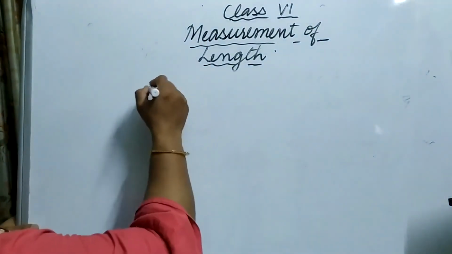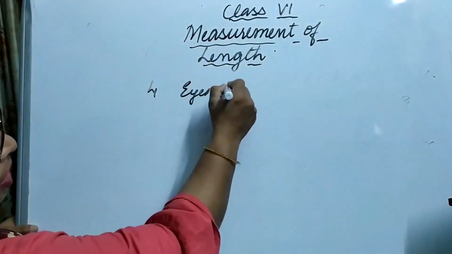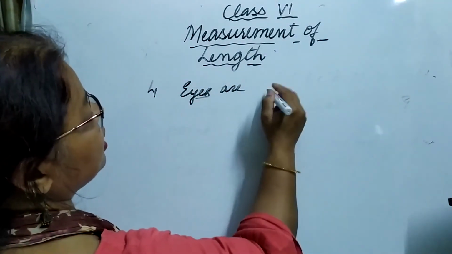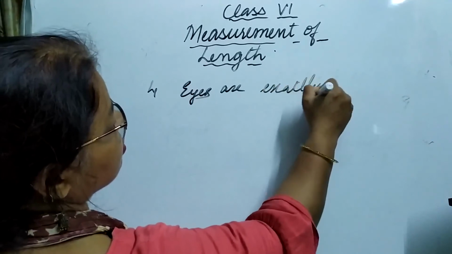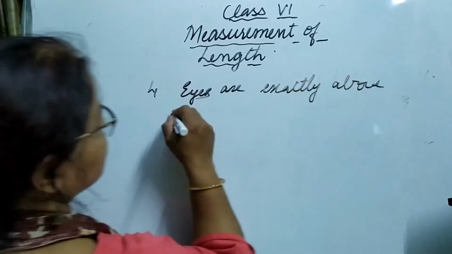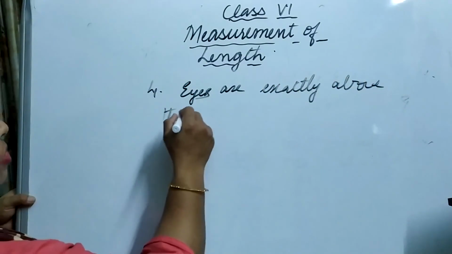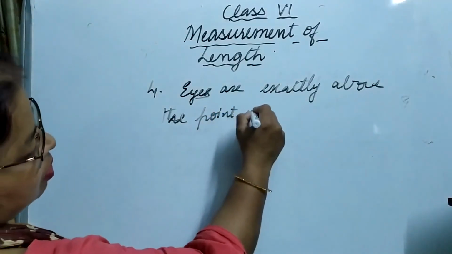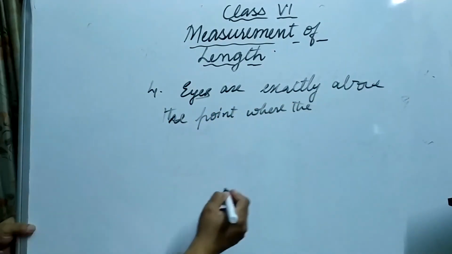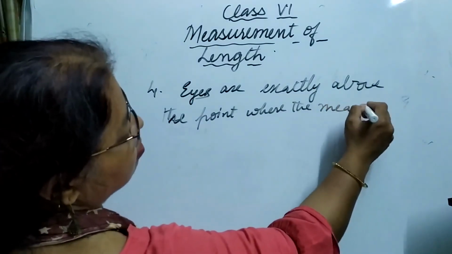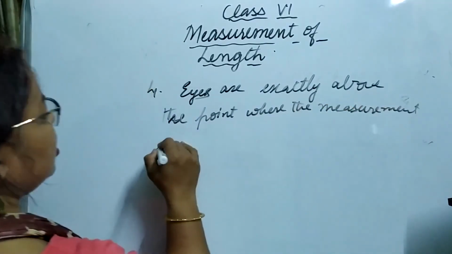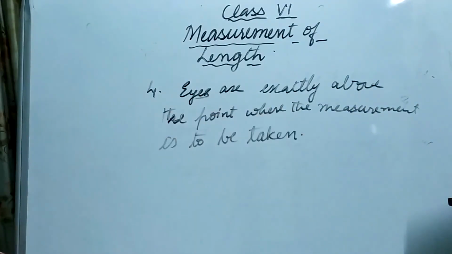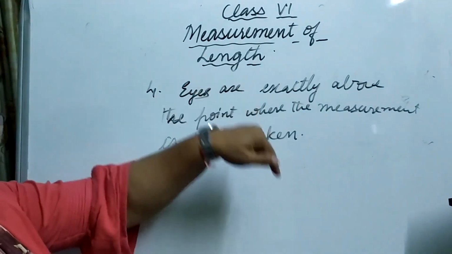You have to ensure that your eyes are exactly above the point where the measurement is to be taken. Okay? Eyes should always be exactly above the point.